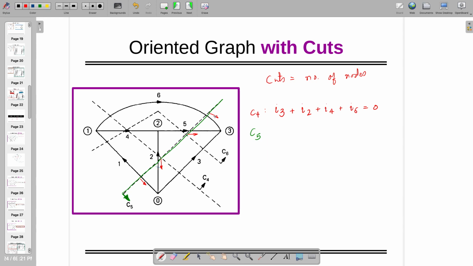Can you see these red marks which are along the edges, just to make sure whether they are going in the same direction or different direction we are following, because this is going downside, same thing I have done. So I can write down at C5 we are going to have minus I1 minus I2 plus I5 plus I6 is equal to 0.